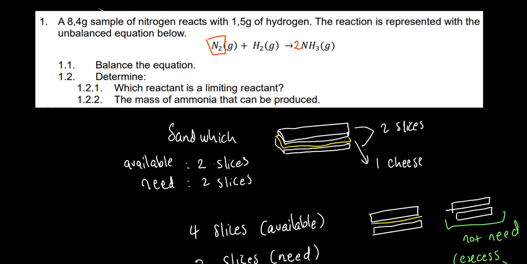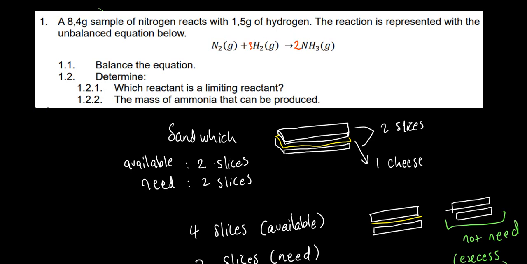But remember, the 2 does not only affect this part, it also affects the hydrogens. Now you have 6 of them because 2 times 3 is 6. So we also need 6 hydrogens this side. Because we have 2, we can't just write 6 here. We have to put 3 here so that when 3 multiplies 2, you get 6 hydrogens. Then it's balanced. So we have quickly balanced it.